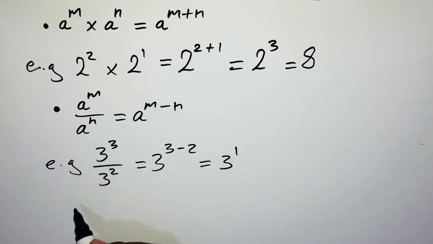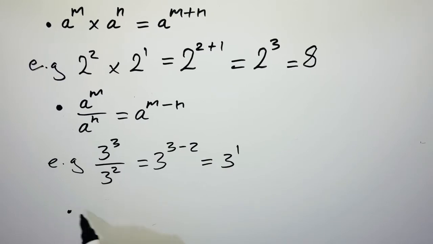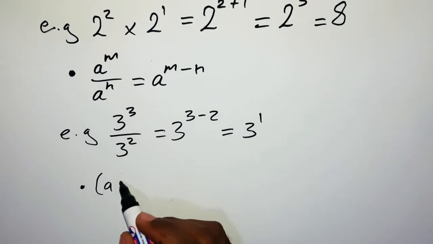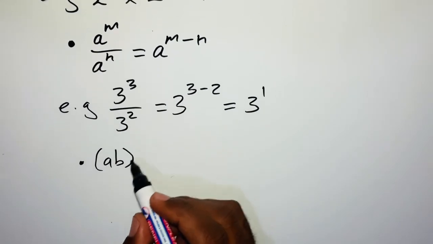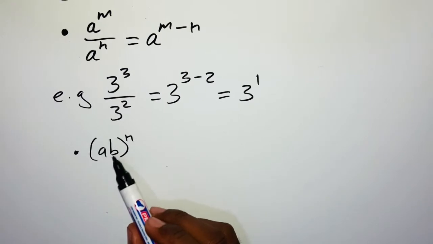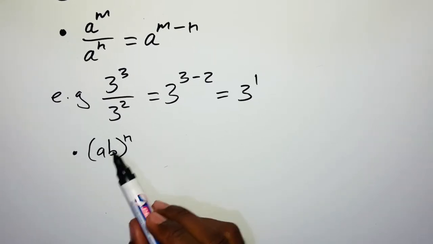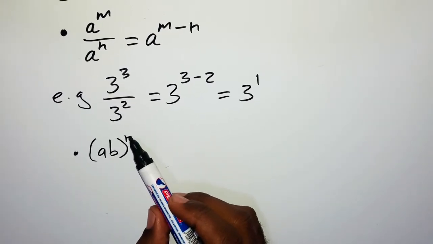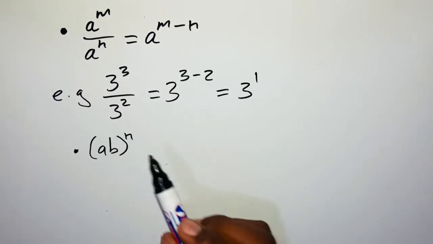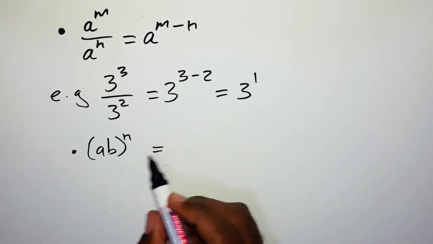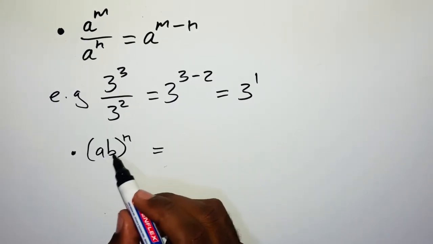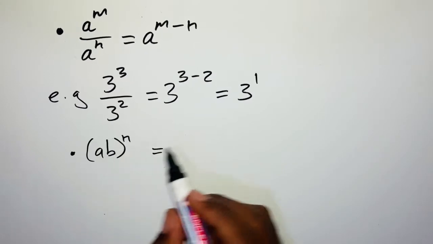Then we go for our third law, which states that whenever we are having a product of things inside a bracket, then we have this exponent n outside the bracket, the exponent n is for both what's inside the bracket.